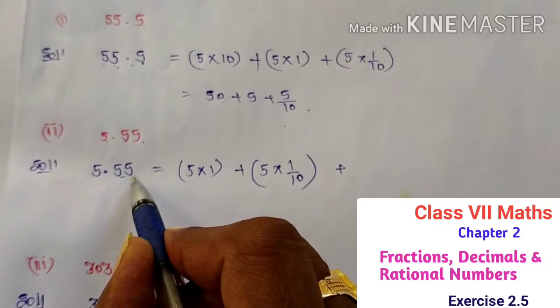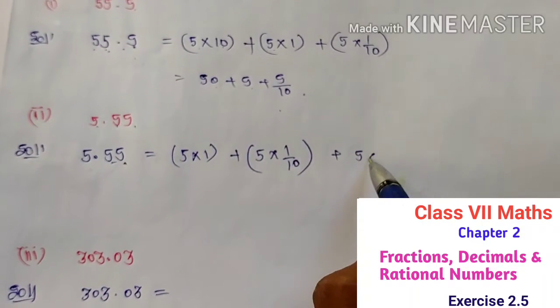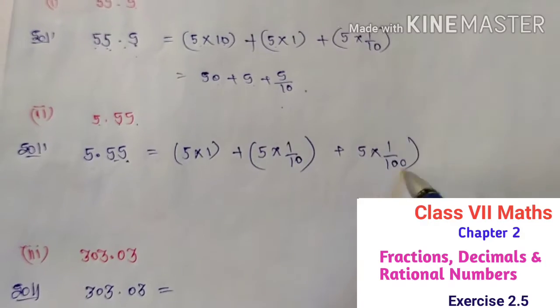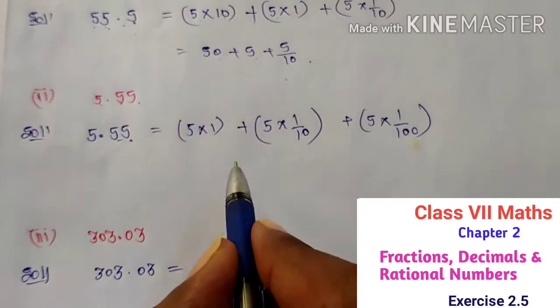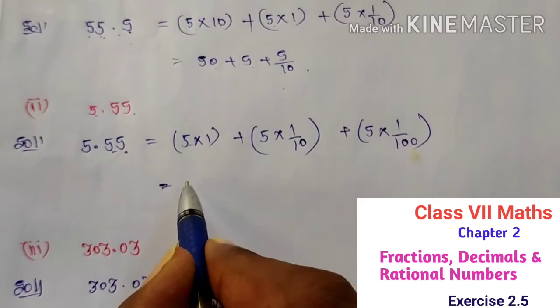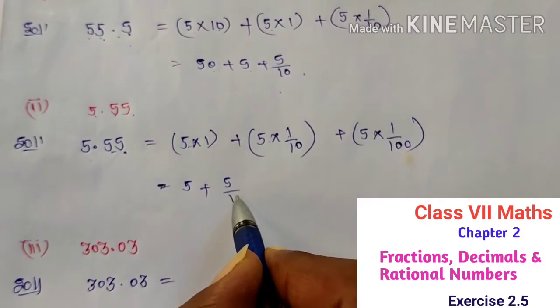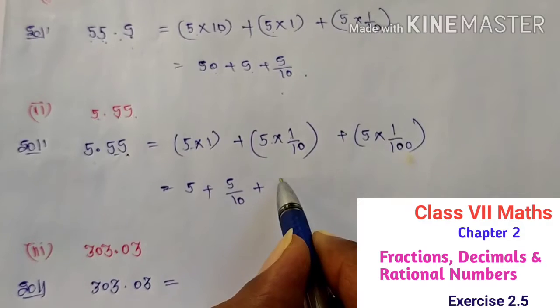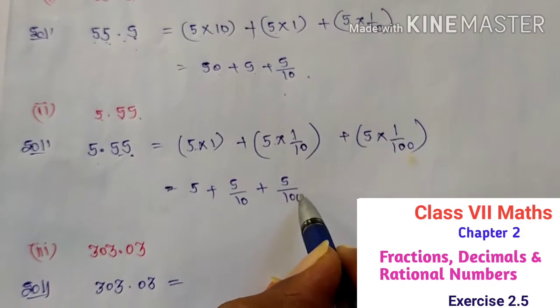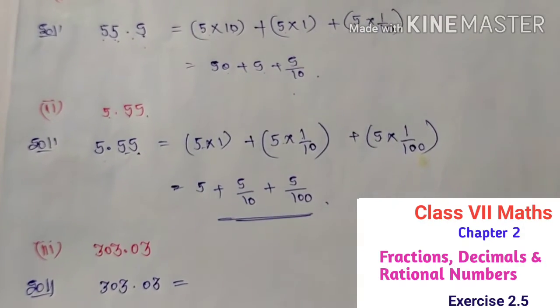Hundredth place, so you can divide with 100, 5 into 1 by 100. Now we can write here the simplified form: 5 into 1 is 5, plus 5 into 1 by 10 is 5 by 10, plus 5 into 1 by 100 is 5 by 100. Just very easy problems these are all.